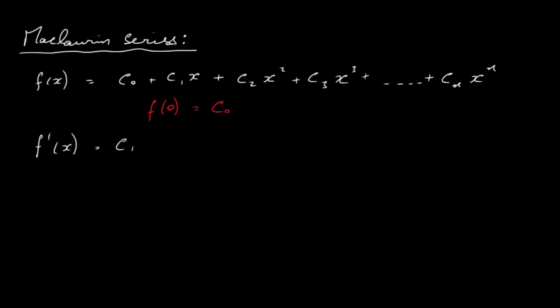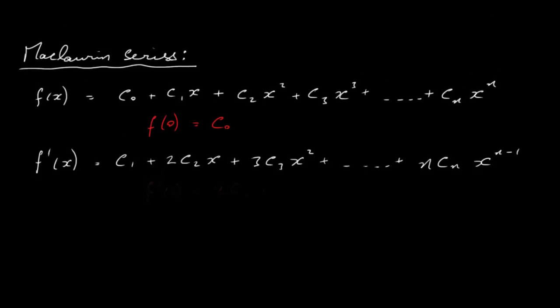If we differentiate this, we get 2c2 x, and so on, 3c3 x squared, plus all the way out to n times cn x to the power of n minus 1. If we put 0 in for x, we want f prime of 0 on the left hand side. On the right hand side, we're just left with c1. So now we have our second coefficient: c1 is equal to f prime of 0.